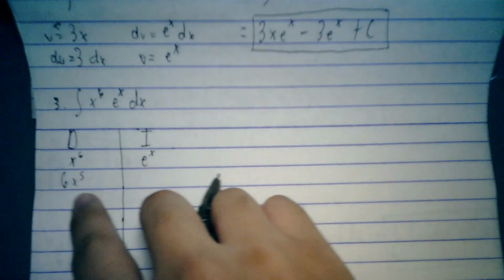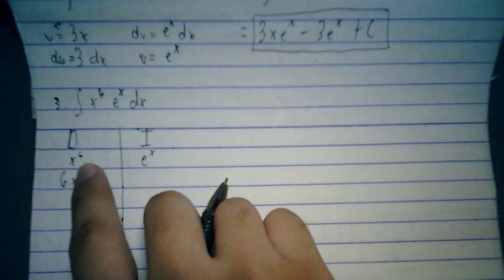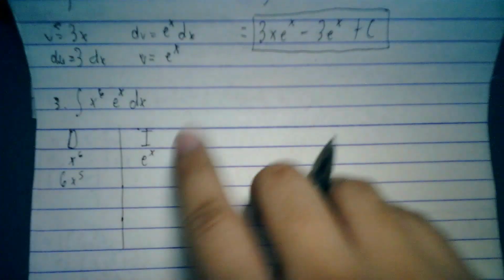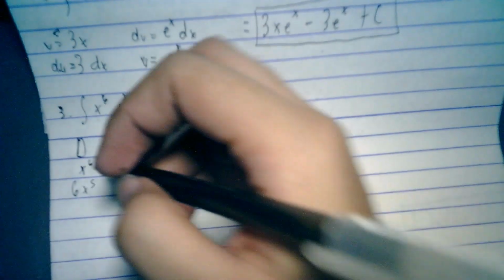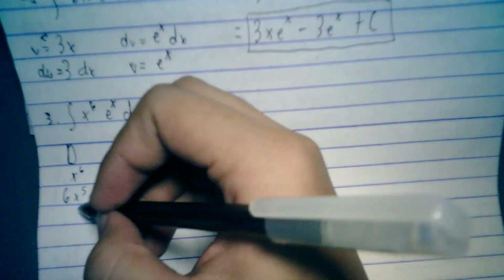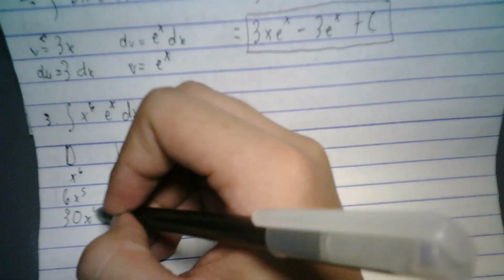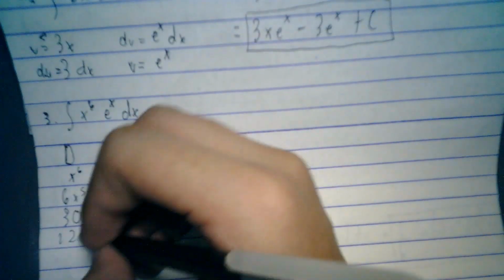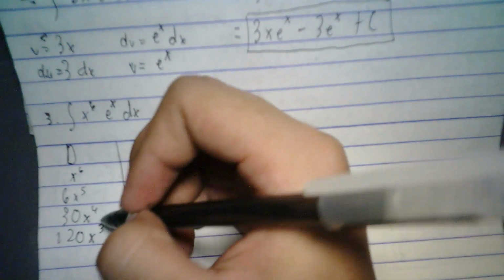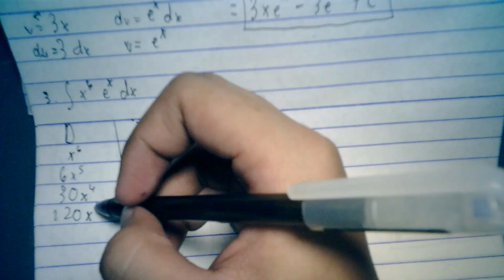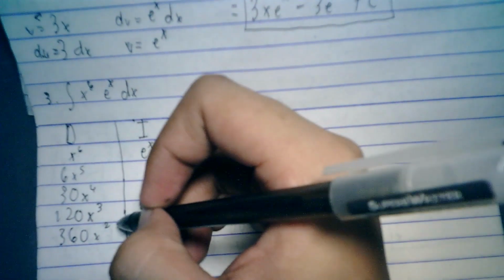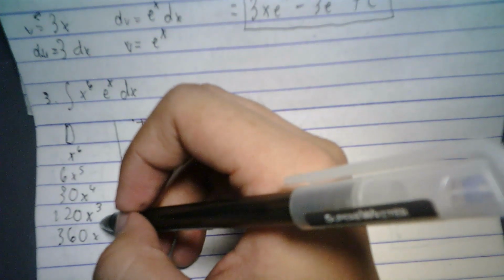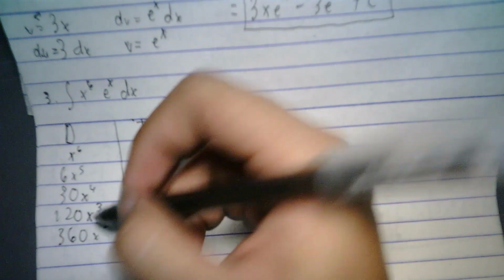So let's differentiate x^6 all the way down to 0. First we have 6x^5. Now 6 times 5 is 30x^4. 30 times 4 is 120x^3, and 120 times 3 is 360x^2, and 360 times 2 is 1080, I think.